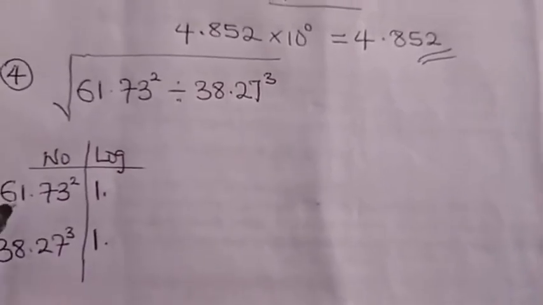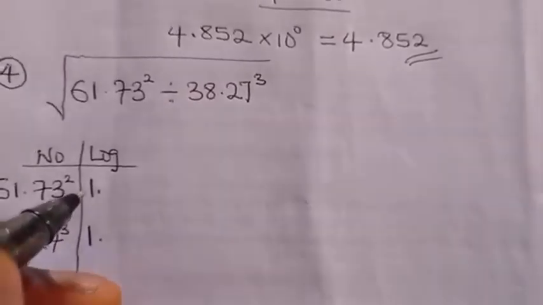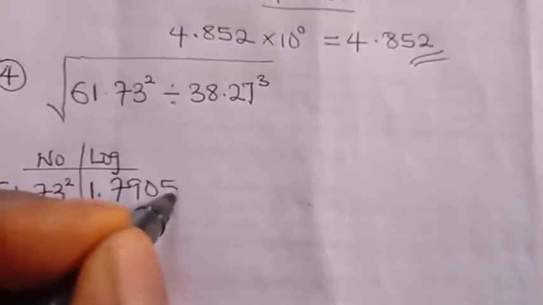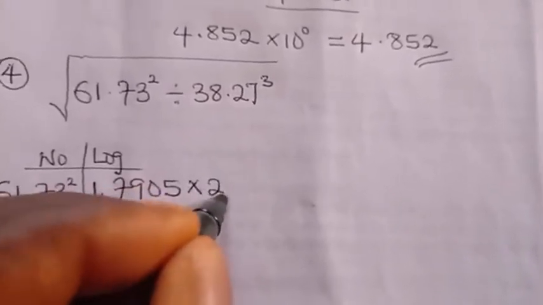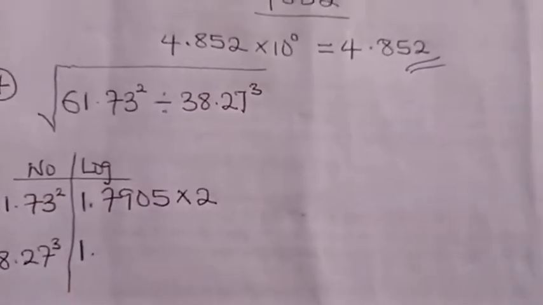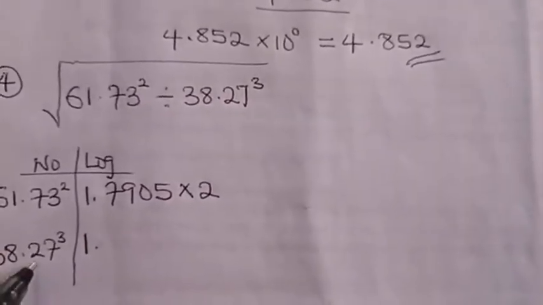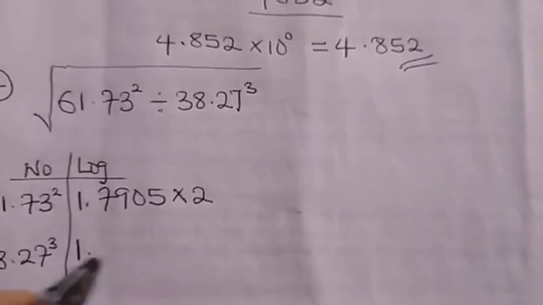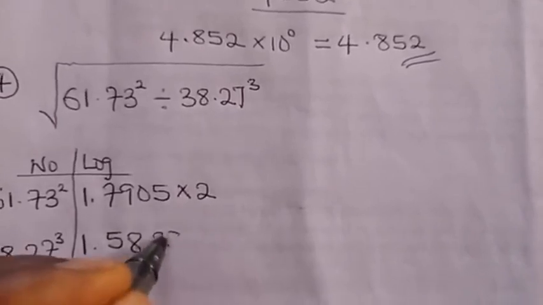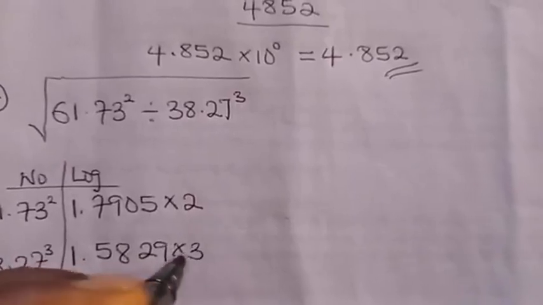So the logarithm of 61 under 7, difference of 3, we have 7905. We'll multiply this by 2 because of power 2 that we have here. And for the second one, the logarithm of 38 under 2, difference 7, we have 5829. We also multiply this by 3.